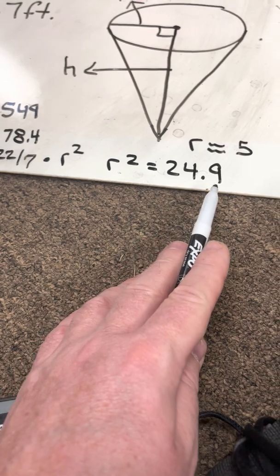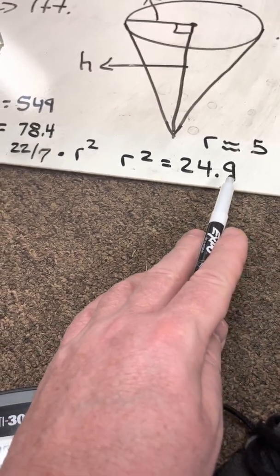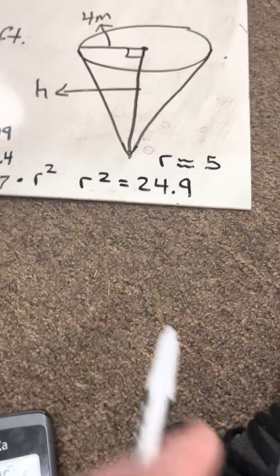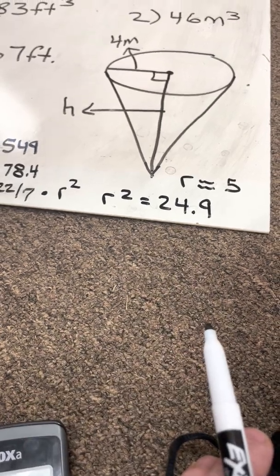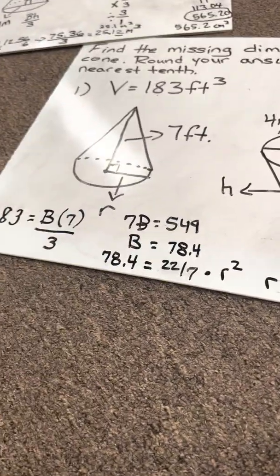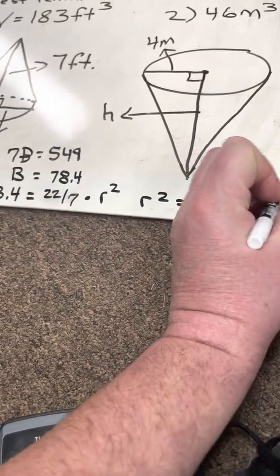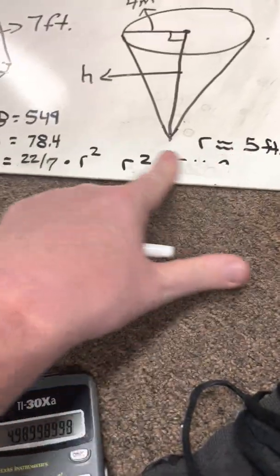And remember, when we rounded, this kept going with the 4s and 5s earlier. So r is approximately 5, and in this case it would be 5 feet.